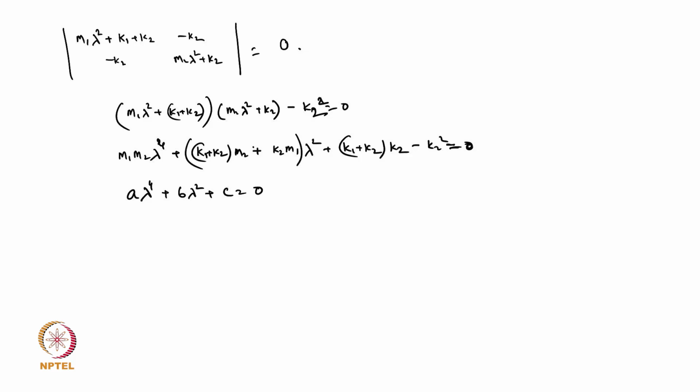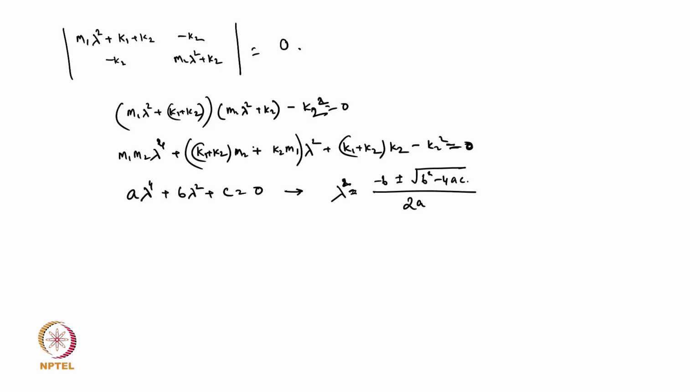This can be written as a lambda to the power 4 plus b lambda square plus c equal to 0. What will be the solution for that? Lambda square will be minus b plus minus root over of b square minus 4ac, by 2a. So we will get lambda square.